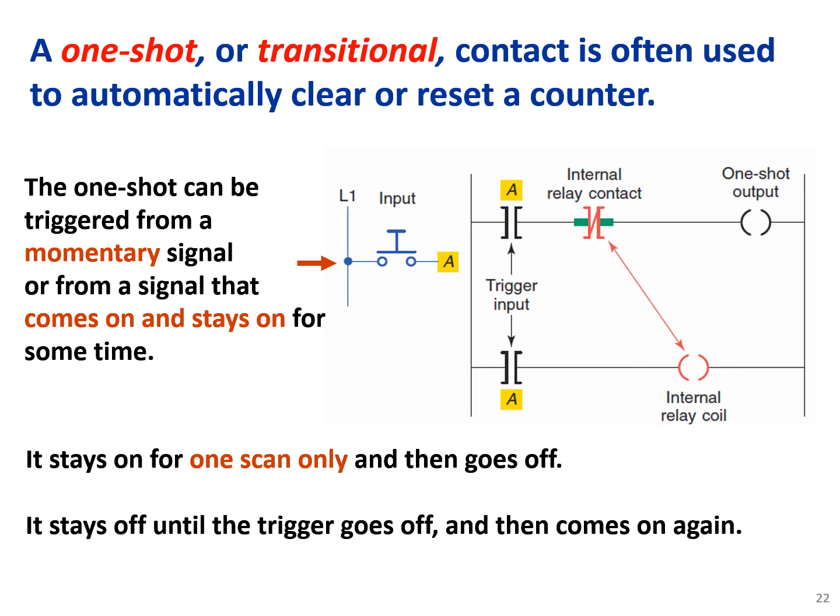It stays on for one scan only and then goes off. It stays off until the trigger goes off and then comes on again. So here, let's say we have one input, and this program shows us how a one-shot output works.